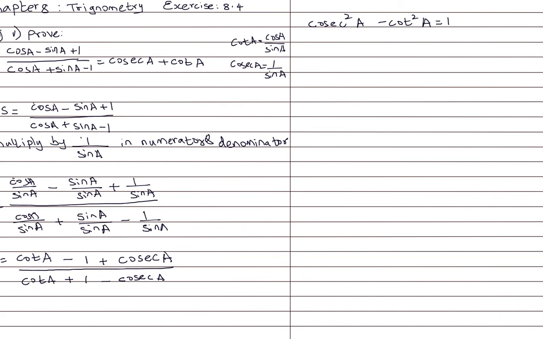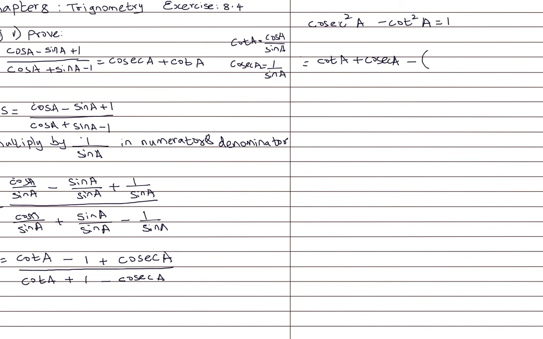But here there is no cot square or cosecant square. But we have 1. So instead of this 1, let us substitute this identity. Let's keep the denominator as it is and substitute the 1 only in the numerator. So LHS is equal to, I am trying to write cot A first, plus cosecant A minus 1.